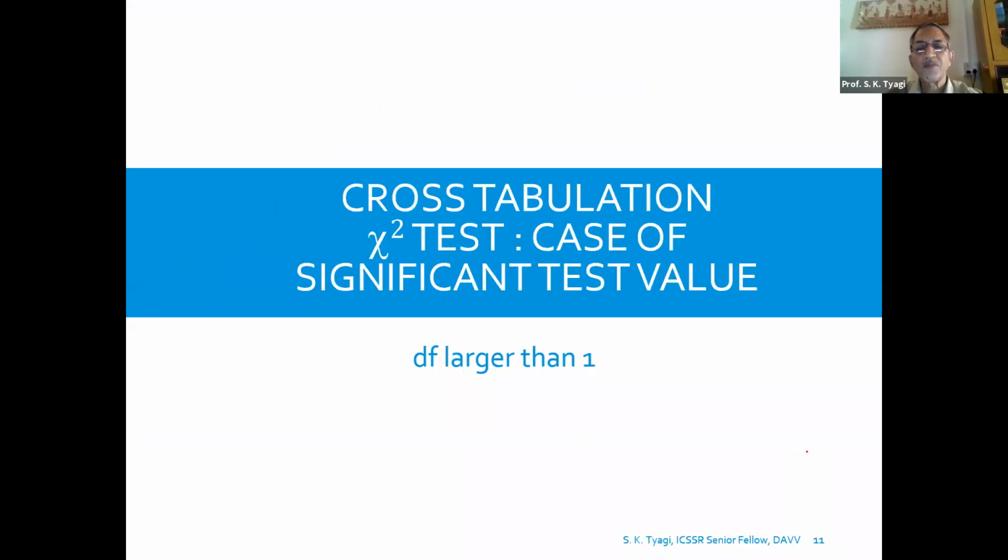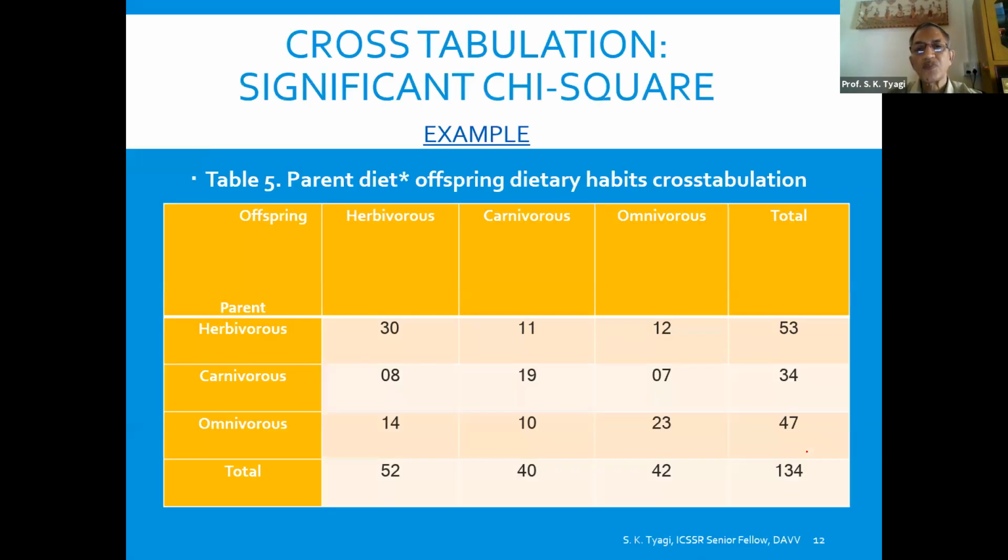Now we take up cross tabulation and this time we will have a significant test value. I have taken the data in such a way that chi-square turns out to be significant. Now the example is this one.